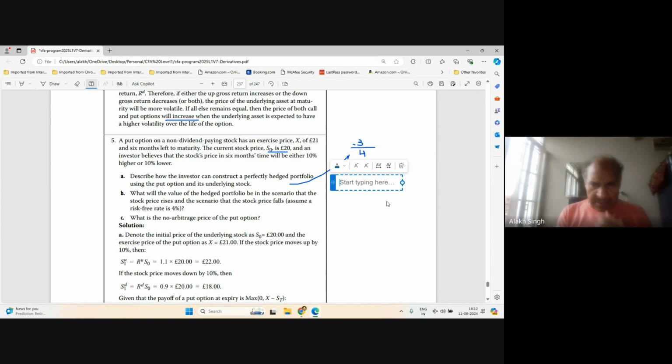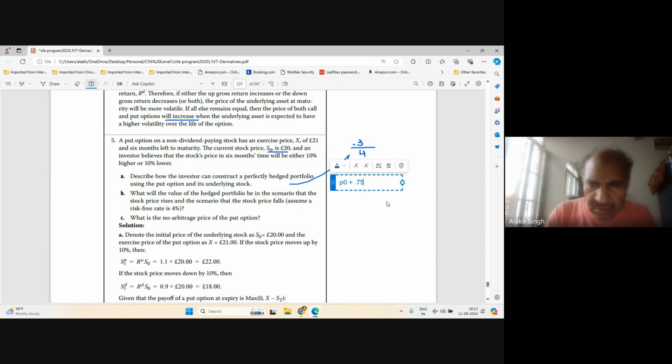Our portfolio was to buy one put, so P0 plus 0.75 S0. That is what our portfolio was, and we don't know the value of P0.